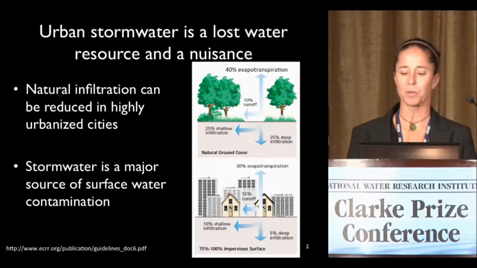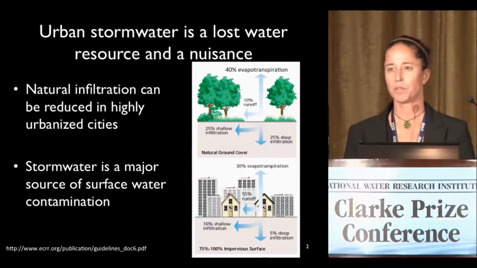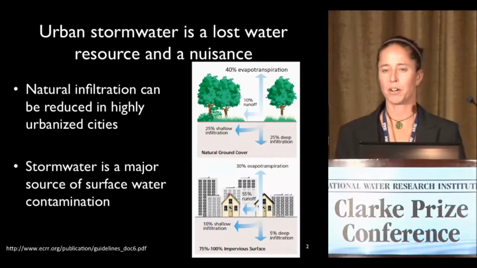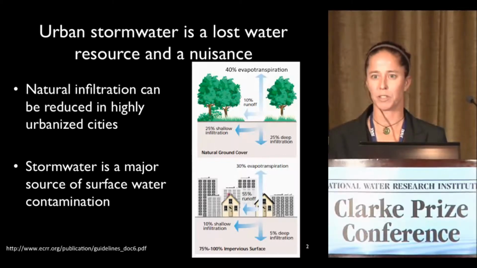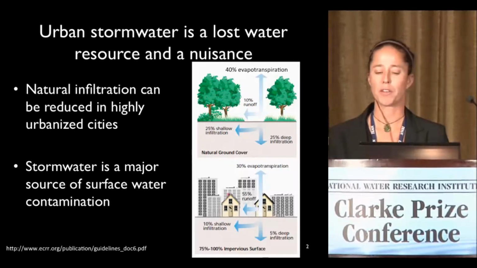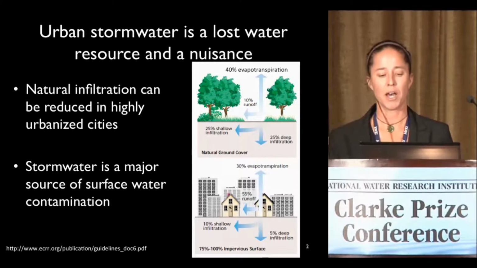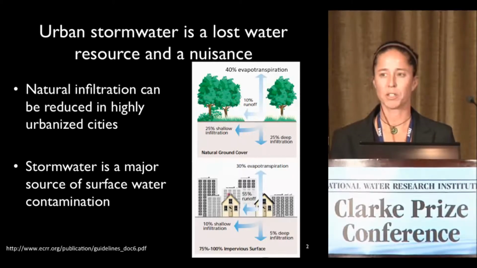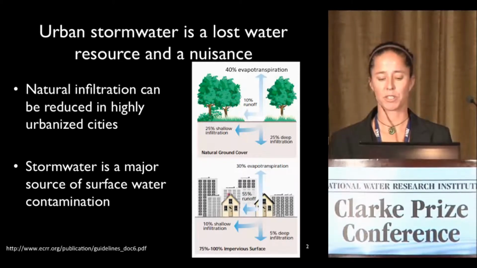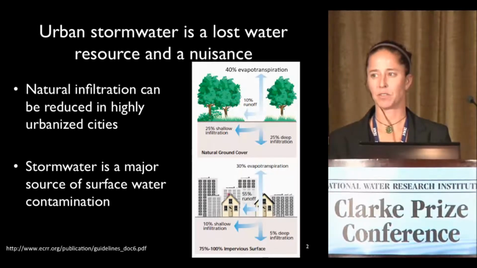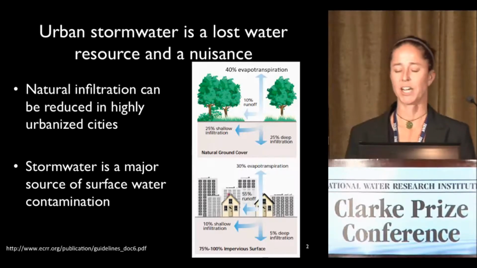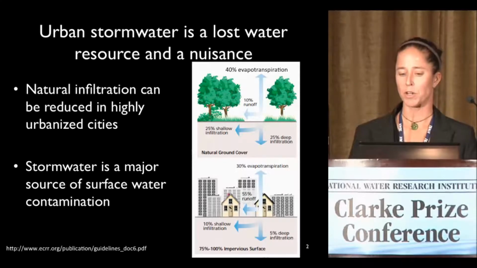And because of impervious surface coverage, a lot of the water is directed out of urban areas and discharged into coastal waters in coastal cities or into other surface receiving waters. At the same time, though, stormwater is a major source of surface water contamination. It contains a lot of different contaminants, which represents a challenge to using it as a water resource.